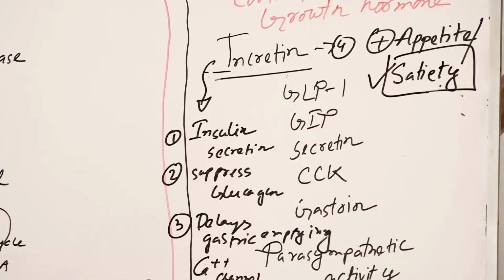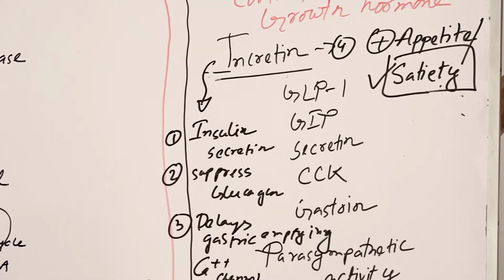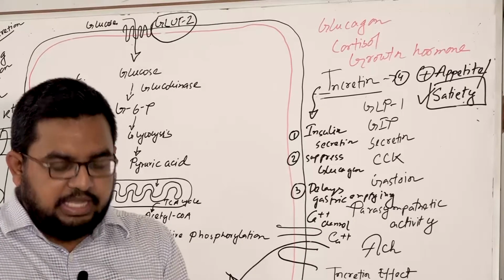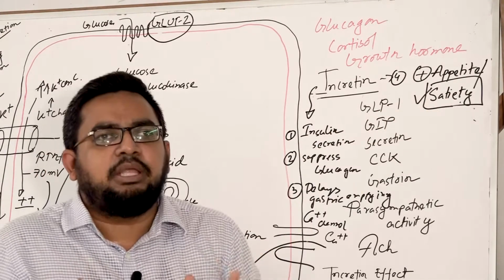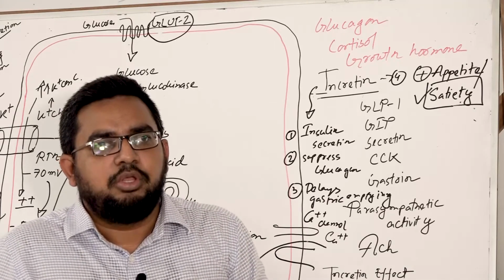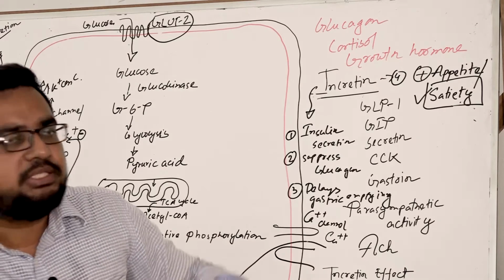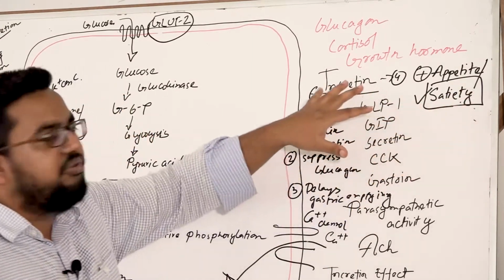Satiety is the condition when incretin is secreted and we take food, and the incretin signals the hypothalamus that the patient is satisfied with this food. There is no intake of more food. So satiety is controlled by this incretin.